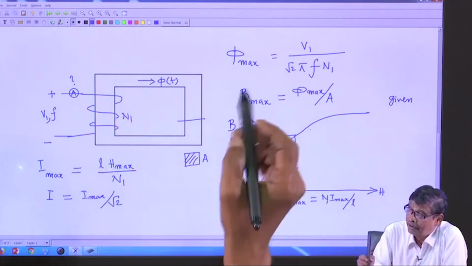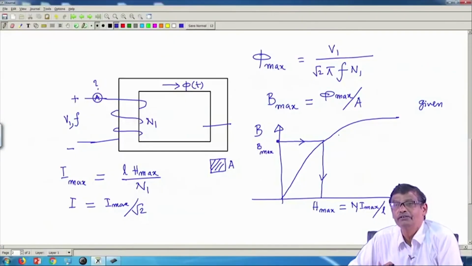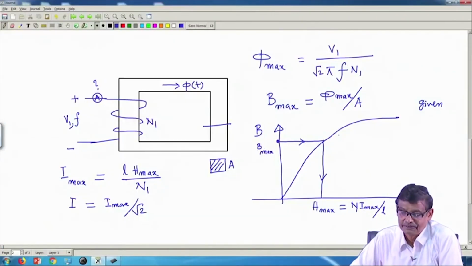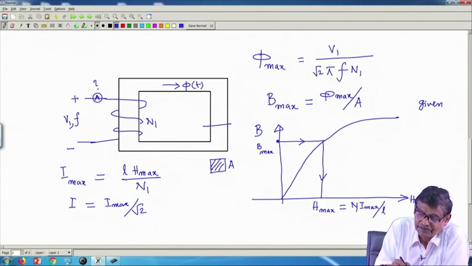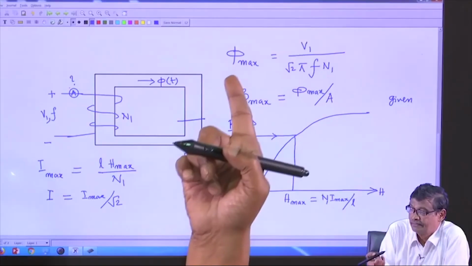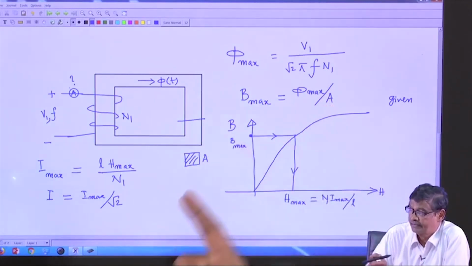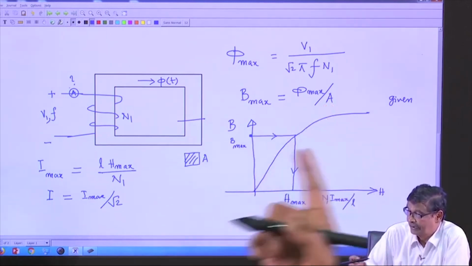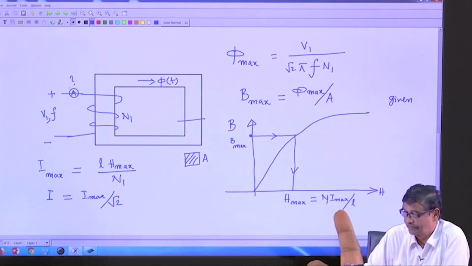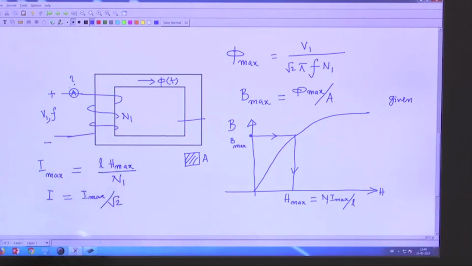But the moment you apply a known voltage and frequency, the peak value of the flux gets fixed, and I am asking you what is the current drawn. So, I will first calculate phi max, then I will calculate B max. If B max is known, then I will calculate H max, and from that I will be able to calculate I max, that divided by root 2 will be the RMS value of the current. This you must understand.